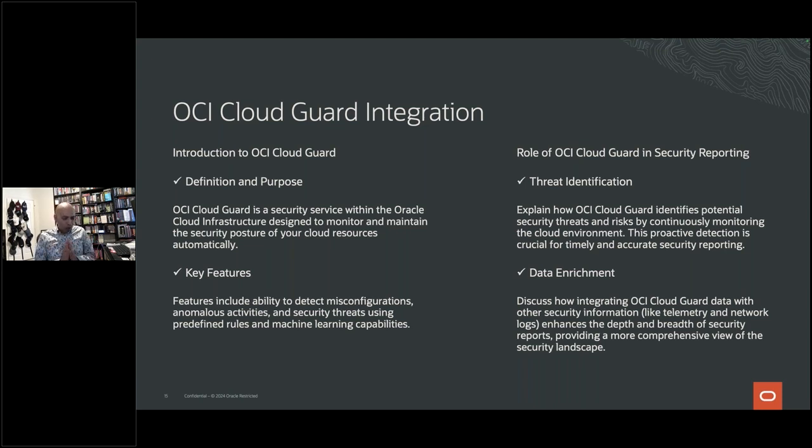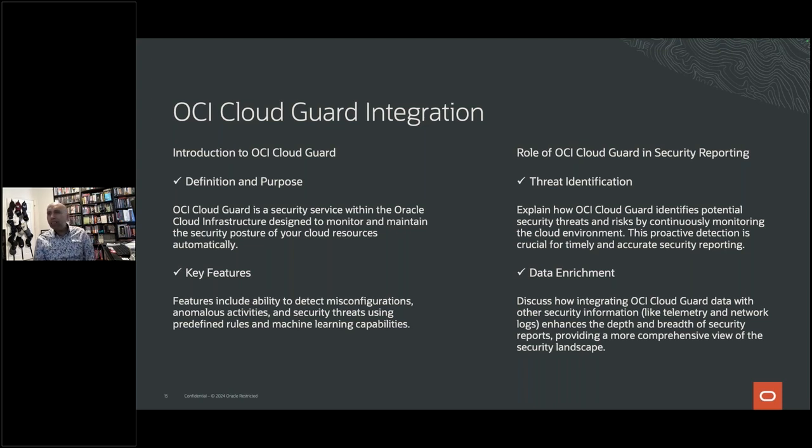So our whole LLM toolset is built around OCI Cloud Guard. And then earlier we were using an open source vector DB, and now we are using Oracle Database 23 AI's vector search capabilities. So let me go through the OCI Cloud Guard.